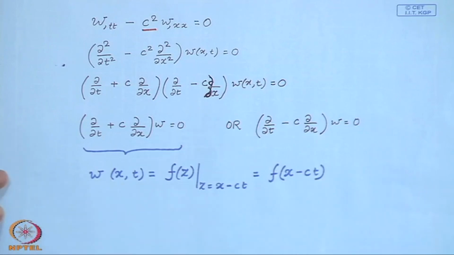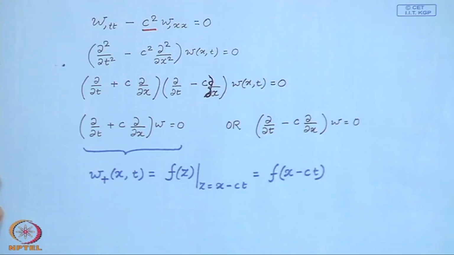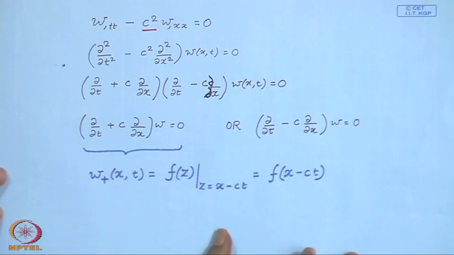So, this is travelling in the positive x direction at a speed c, and that is a solution of this differential equation.